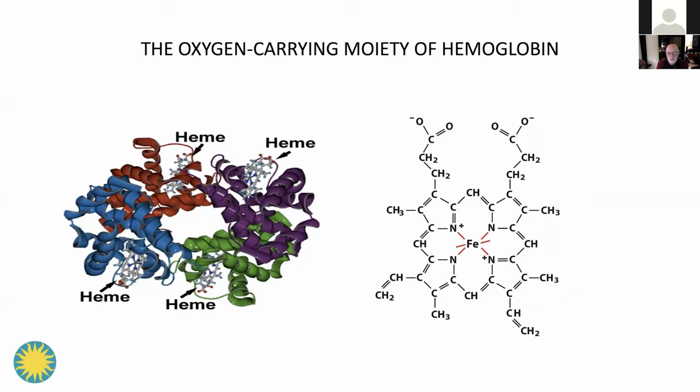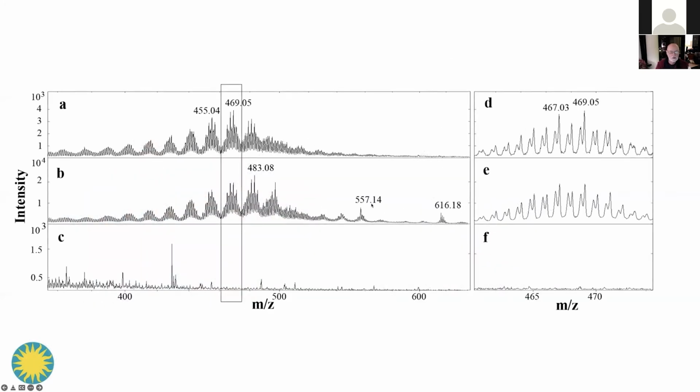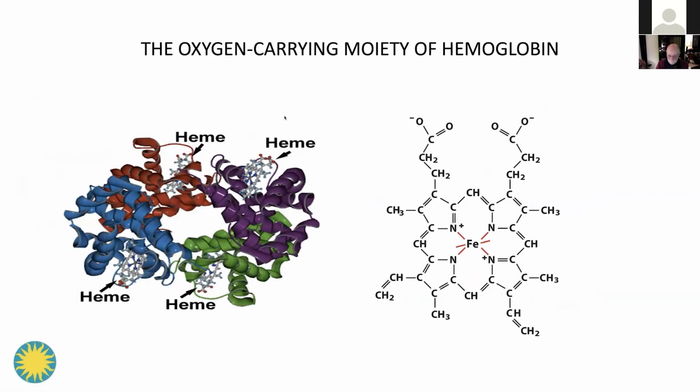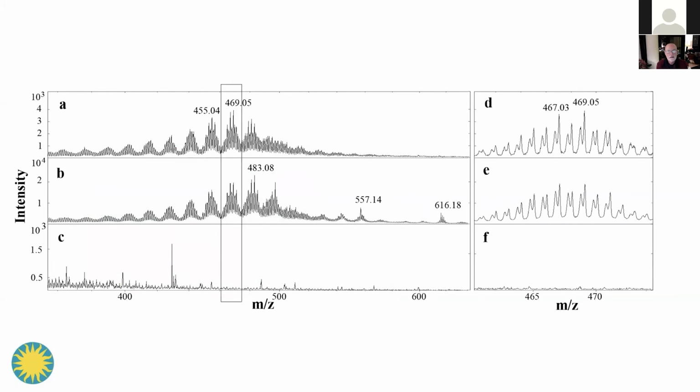So knowing that we had iron, we asked the question, well, might we have this intact heme molecule? And so when we analyzed it using mass spectrometry, up on top here in A, this is the mass spectrum of the abdomen of the mosquito.